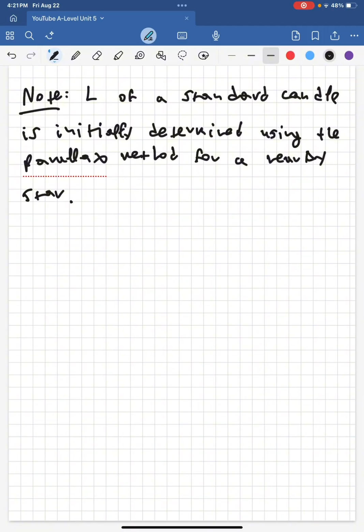I'm mentioning this because here on Earth we can only measure the intensity of the light we receive from a source. Okay, now let's go see an example.